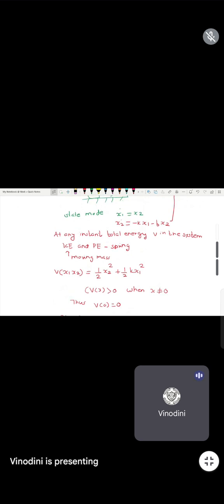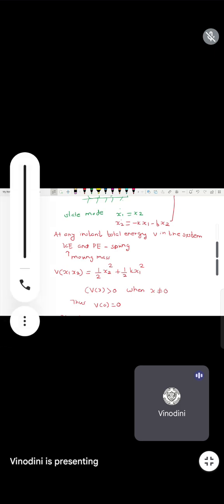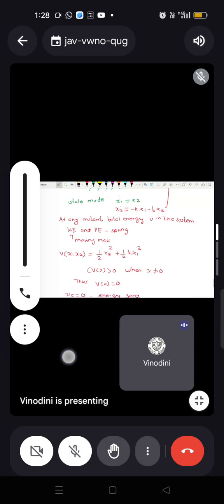Remember, x1 dot is equal to x2 and x2 dot is equal to minus k x1 minus f x2. The rate of change of energy is given by d by dt of V of x1 and x2. Got it?